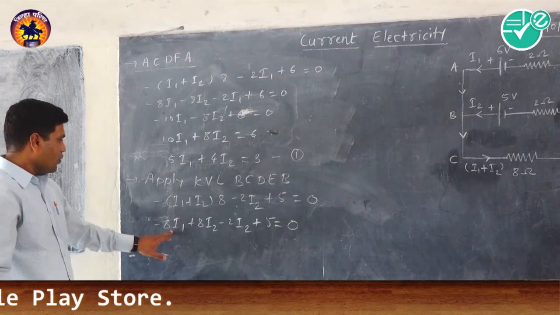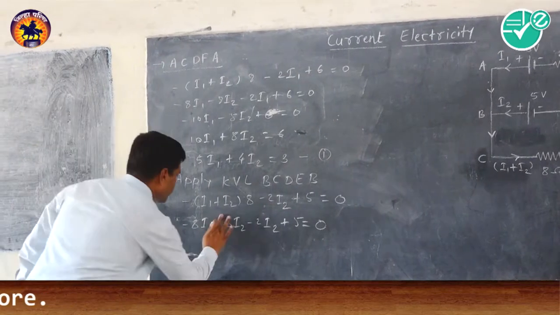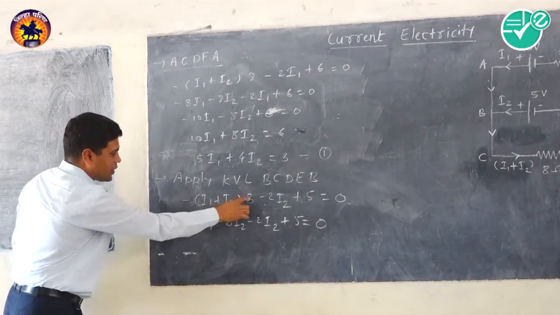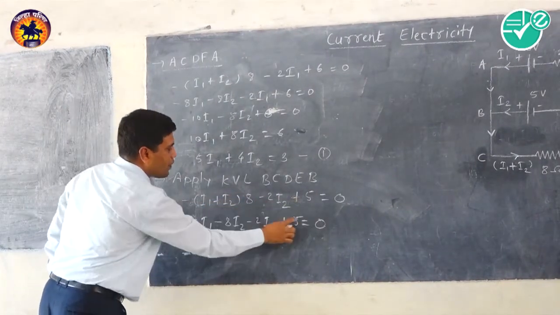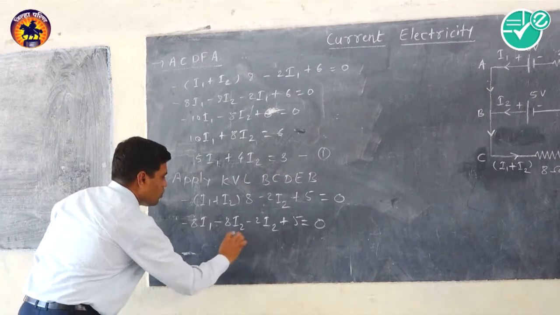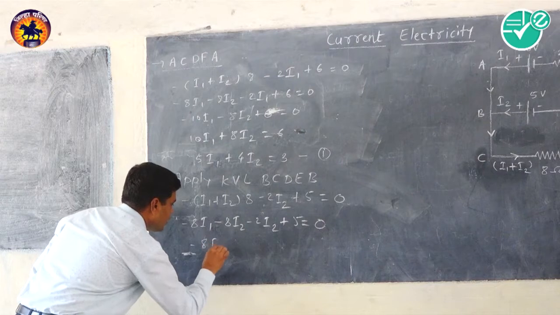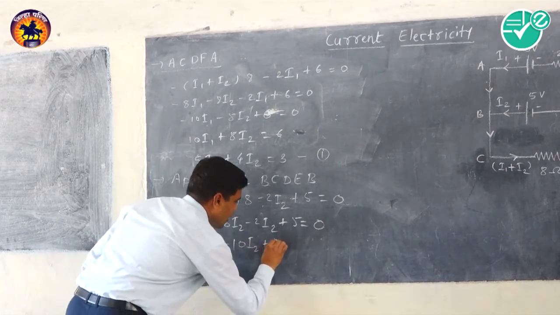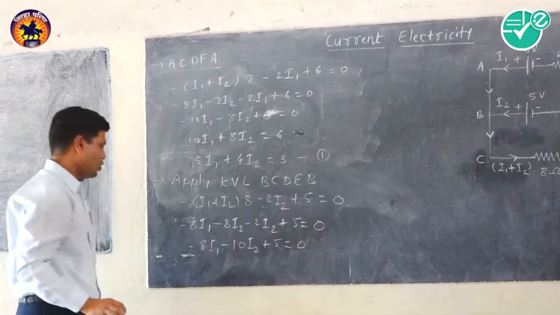Here, minus 8I1 minus 8I2 minus 2I2 plus 5 is equal to 0. Adding these two terms, minus 8I1 minus 10I2 plus 5 is equal to 0.